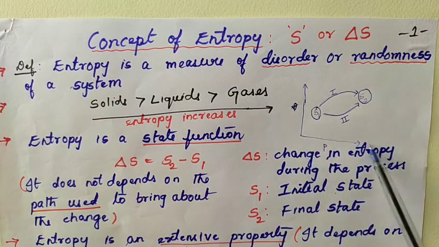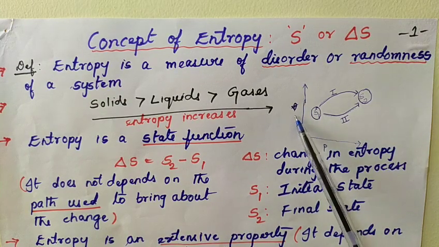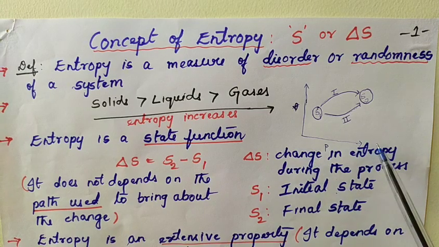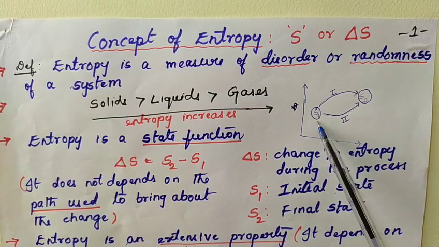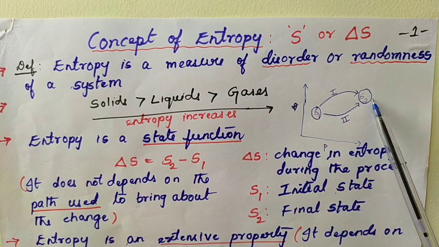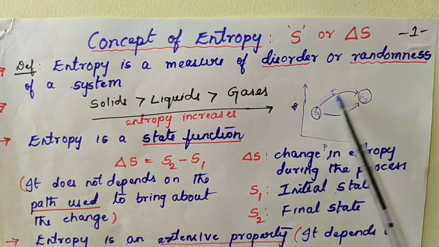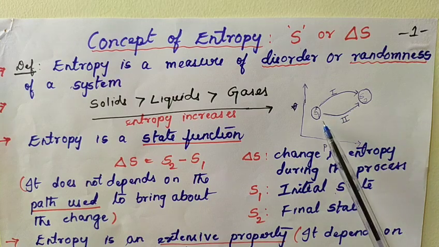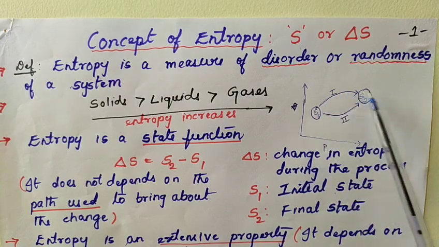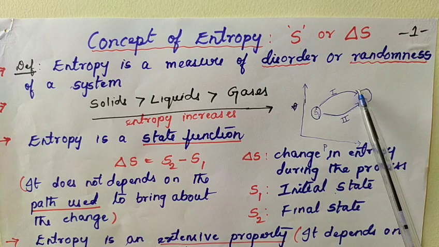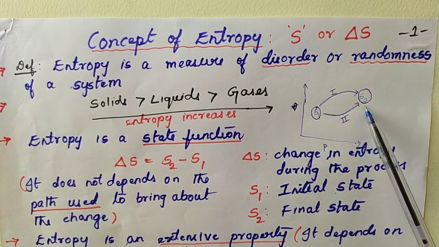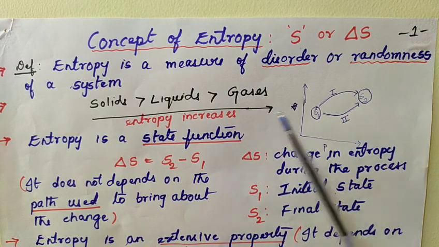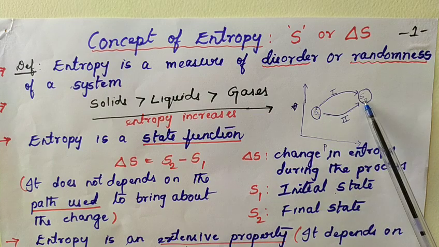For example, if you have two variables, volume along the y-axis and pressure along the x-axis, and S1 is the initial state and S2 is the final state, we have two paths here, path 1 and path 2. The initial state can reach the final state using either path 1 or path 2, but the entropy only depends on the initial state and final state.